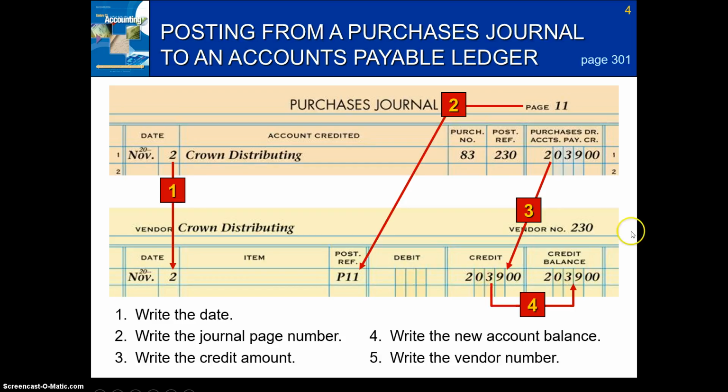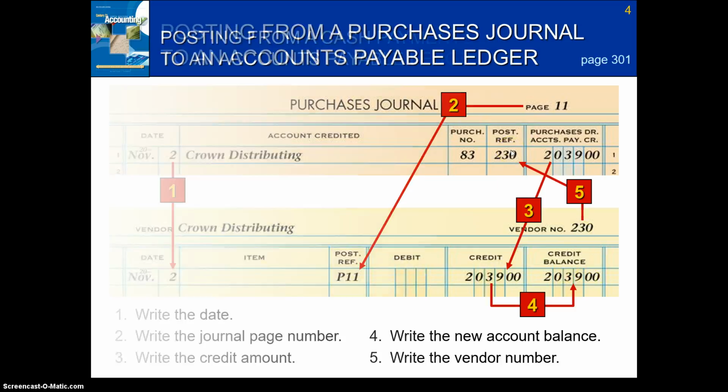And then we're going to take the vendor number 230, and put up here in the post reference of the purchases journal so that we know that we have posted it. When you're doing your assignment, do not go through and put in all your post references at one time. You need to do them in order. Once you finish posting, come back up and put in your post reference number.